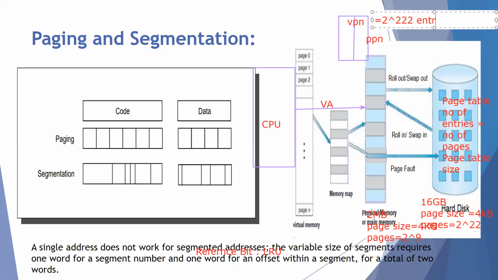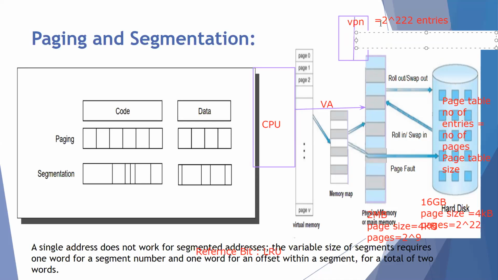Now, for those pages which are translated and brought into the physical memory, I have the respective PPN entry, and for those which are not translated there will not be any entry. That means their PPN position will be empty, but you will have all the entries in the table. Is it clear?